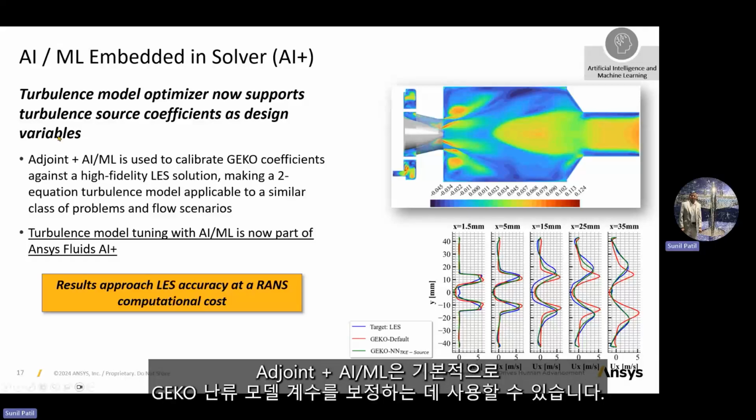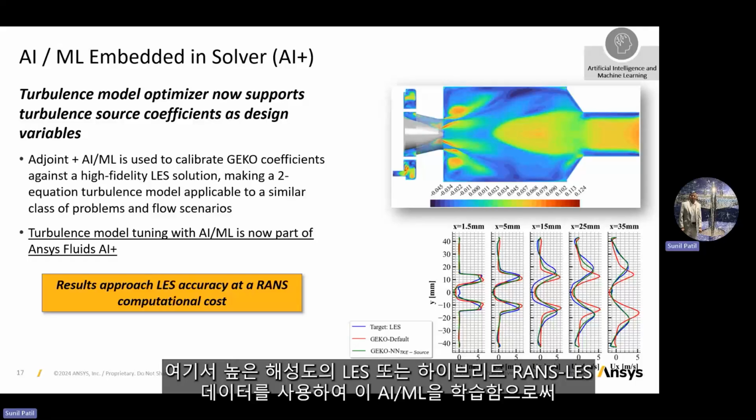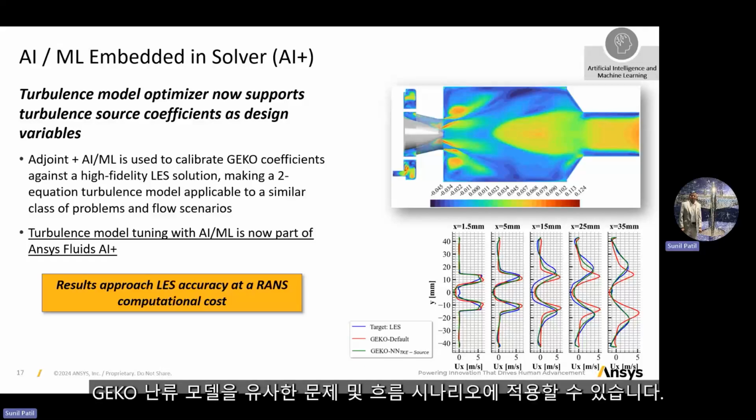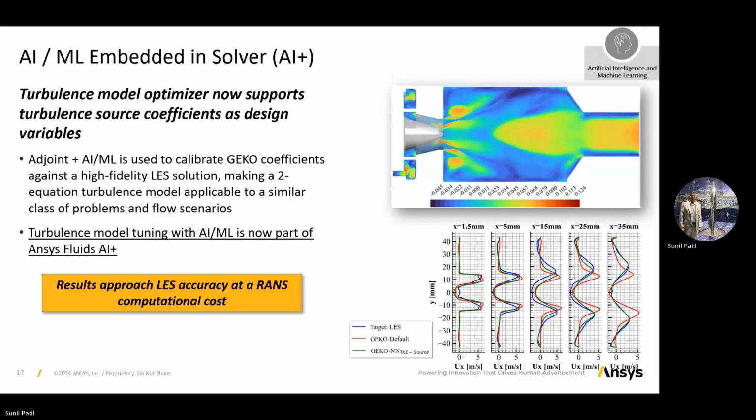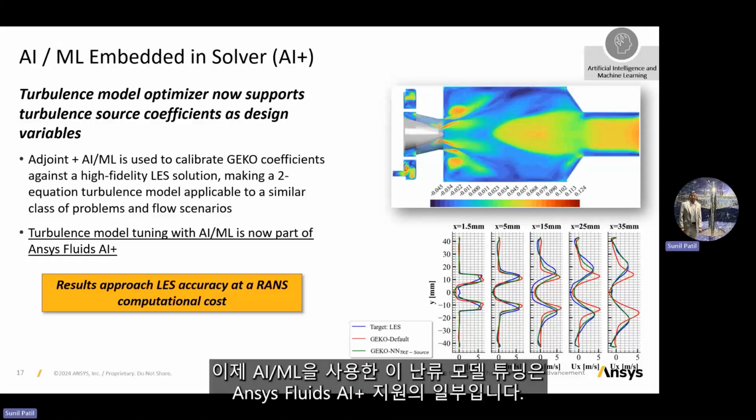So adjoint plus AI/ML can be used to calibrate these turbulence model coefficients, where you are using high fidelity LES or hybrid RANS-LES data to train this AI/ML, making the two equation turbulence model applicable to a similar class of problems and flow scenarios. So now this turbulence model tuning with AI/ML is part of the Ansys Fluids AI Plus offering.